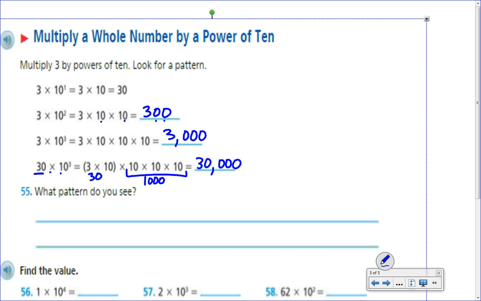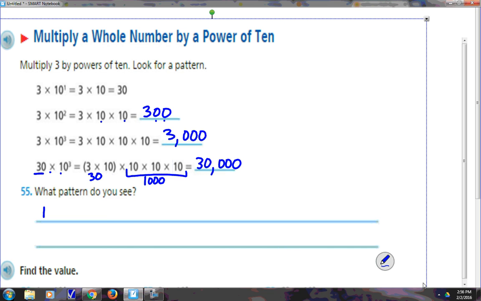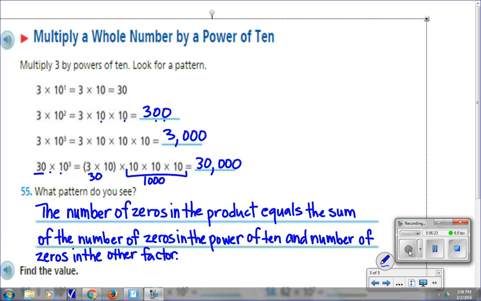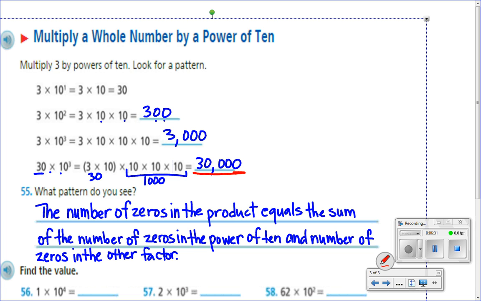So here's a sentence that sums up, I think, the pattern that you're seeing. The number of zeros in the product, which is our answer, so we have 1, 2, 3, 4 in this example, equals the sum, if you're adding all those zeros together, of zeros in the power of 10 and the number of zeros in the other factor.